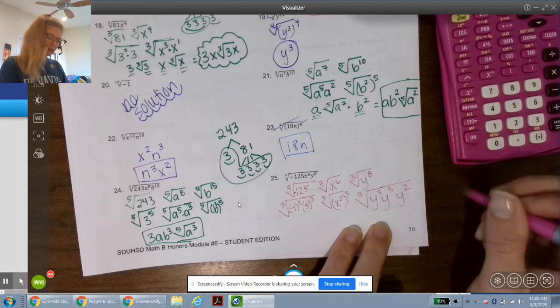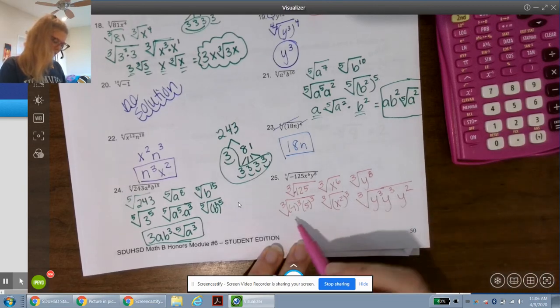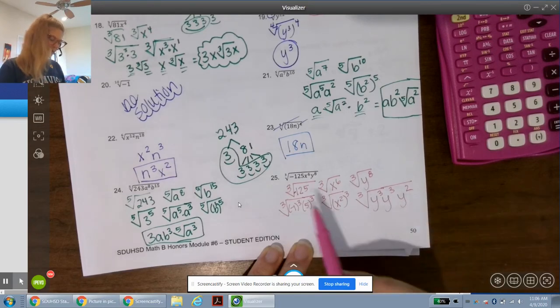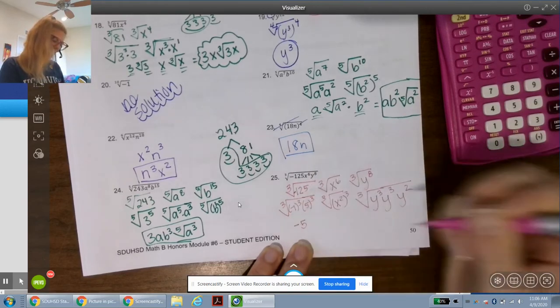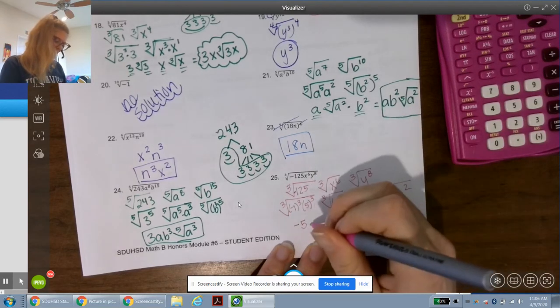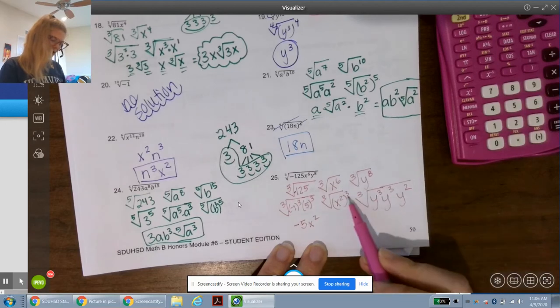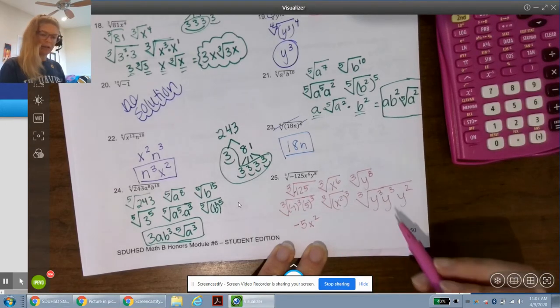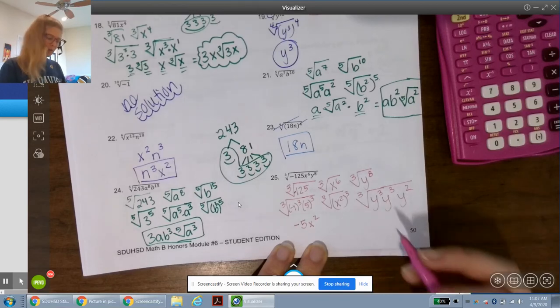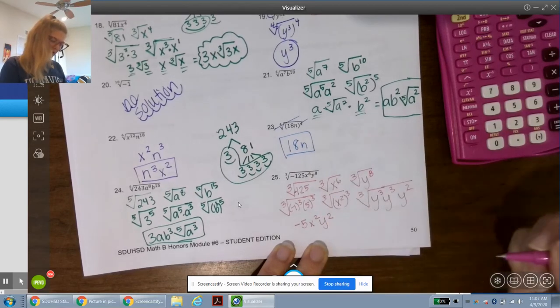So from here, cube root of negative 1 to the 3rd, pull out the negative 1. Cube root 5 to the 3rd, pull out the 5. All together, that's negative 5. Pull out the x squared. Cube and cube root are inverse operations. Pull out y to the cube, pull out y to the cube. They each become y. Y times y is y squared.